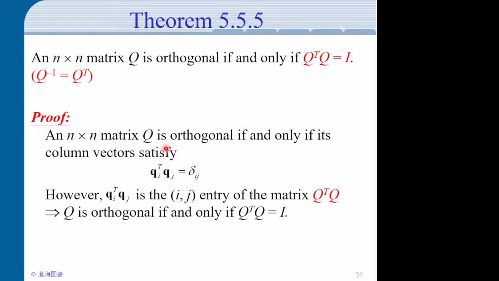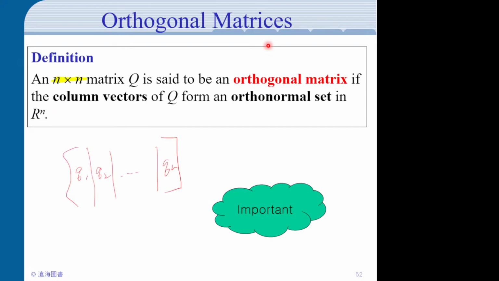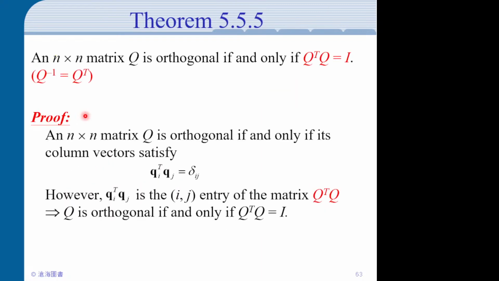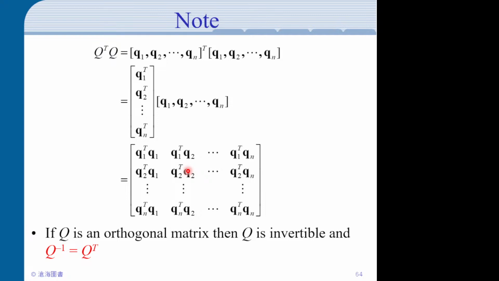The proof is basically you take this definition and calculate Q transpose Q. You will get a whole bunch of inner products between the column vectors, and that gives you the identity matrix. Let's draw a picture. You think about Q transpose Q, with Q1 transpose, Q2 transpose as rows, and then Q with columns Q1, Q2.